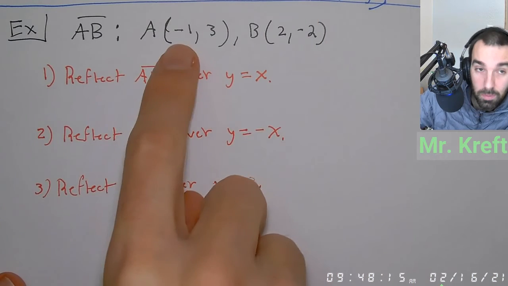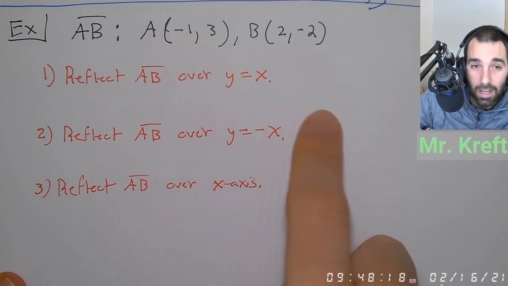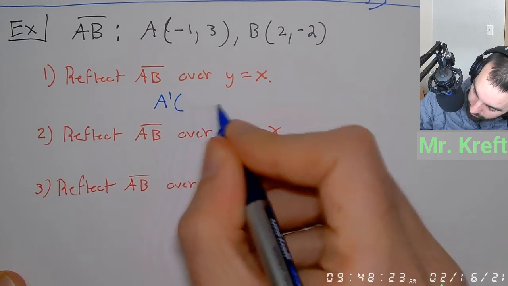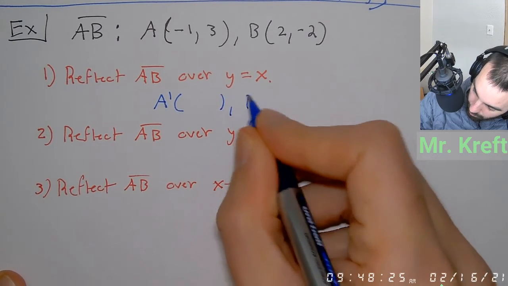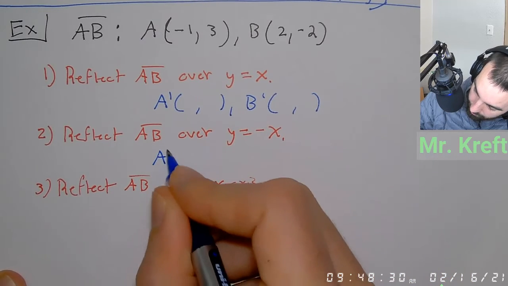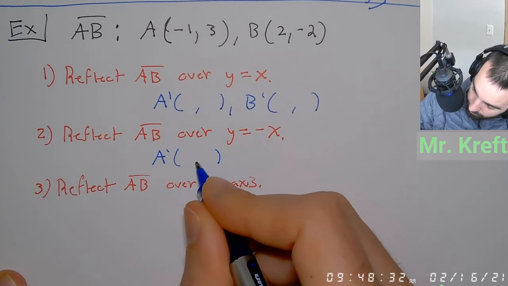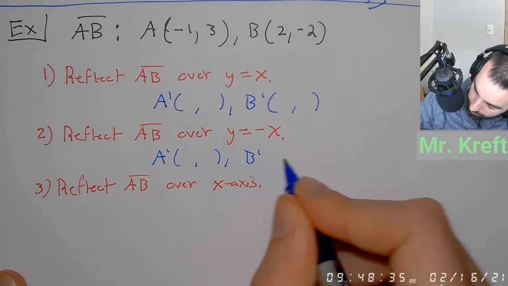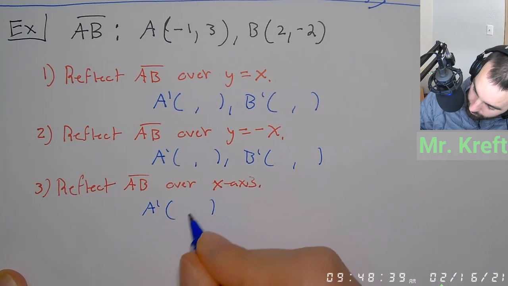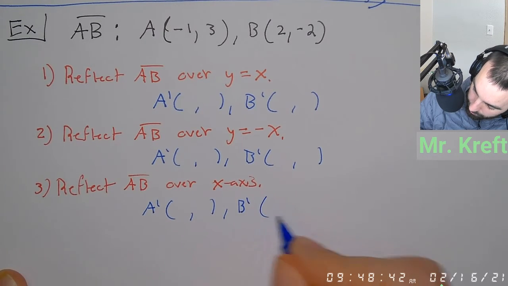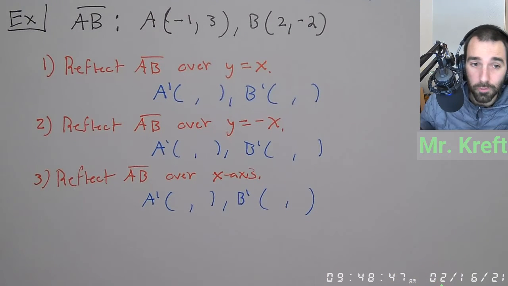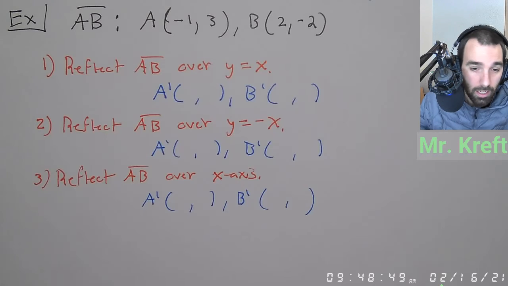Remember when I say AB, this is your AB, what happens to it? Just to be super clear, you guys are going to find A prime, B prime, for each one, using the formulas that we just wrote down.